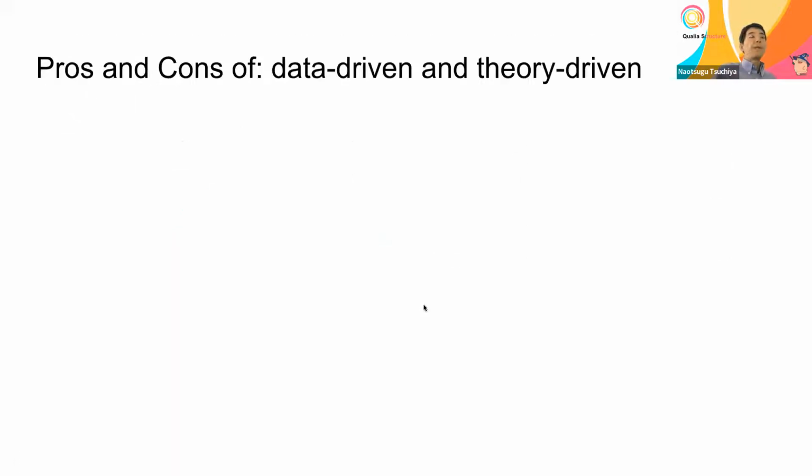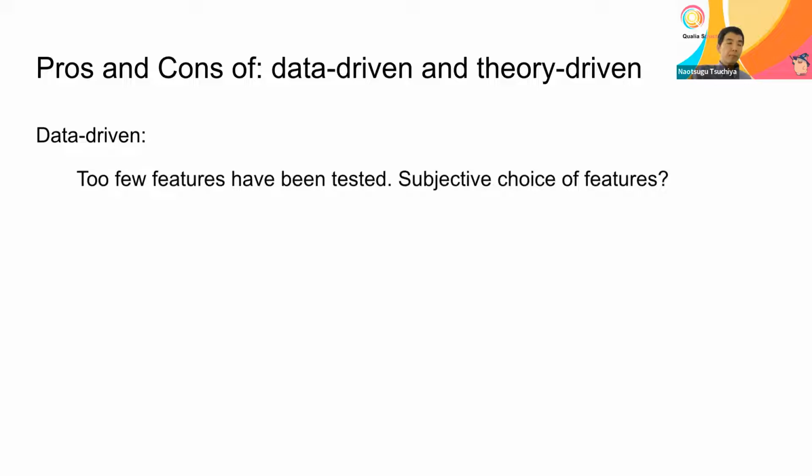This kind of data-driven approach, compared to other types of approach that I'm going to talk about as theory-driven, has both pros and cons. The data-driven approach has the advantage of being theory neutral, but if they test only a few features, then it's very subjective which features or aspects of the data to test for discriminating conscious or not.